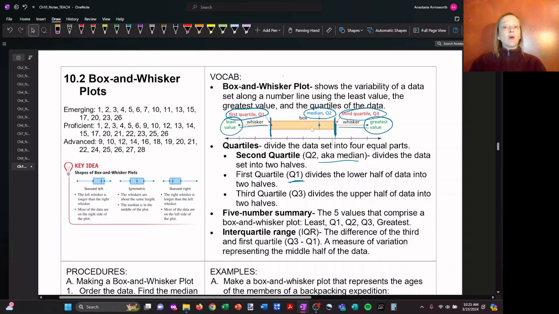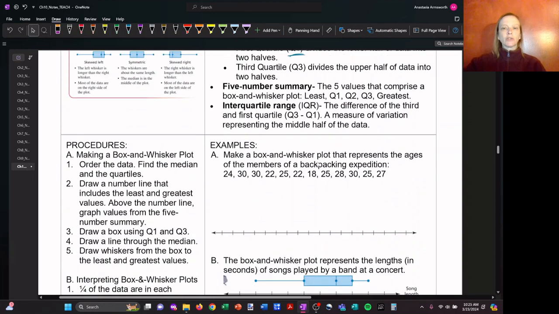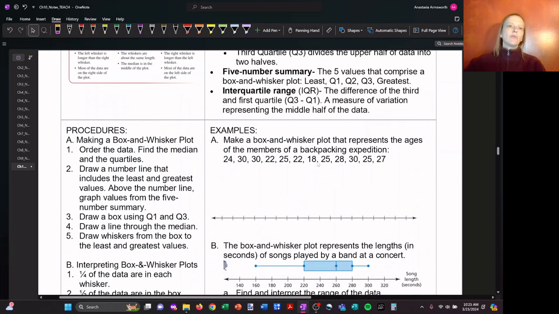So let's look at how to draw one of these and how to go about finding these different quartiles. We're supposed to make a box and whisker plot representing the ages of members of this backpacking expedition. In order to make a box and whisker plot, we need to have the values listed in numeric order.